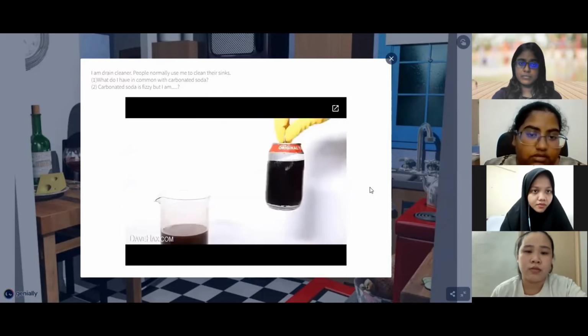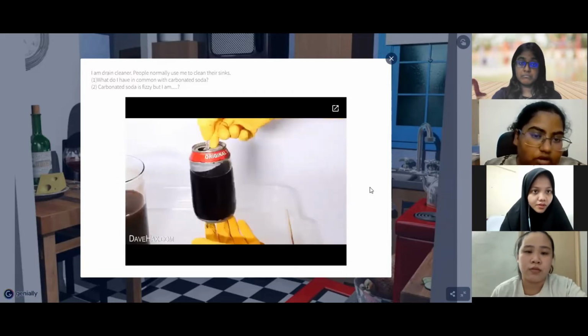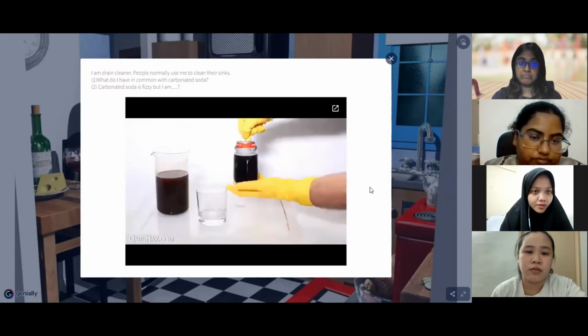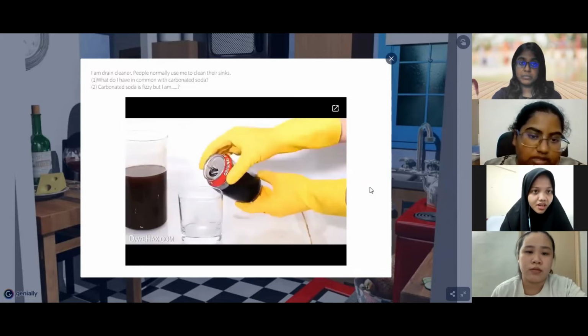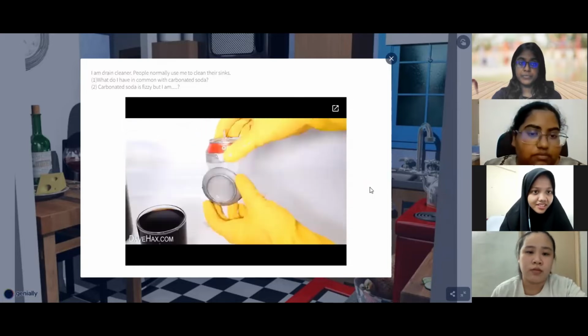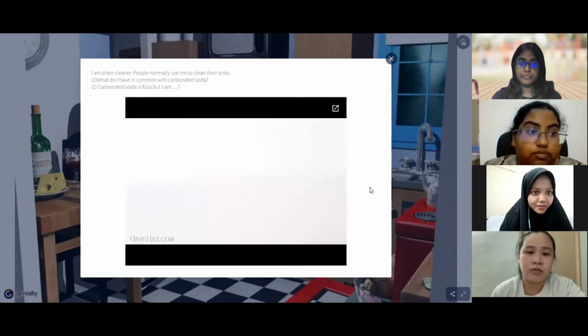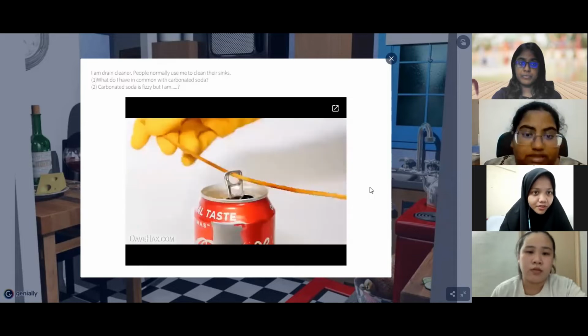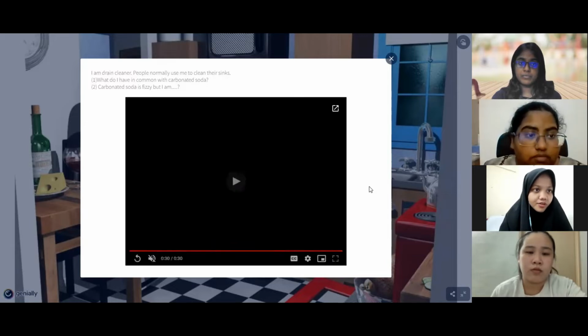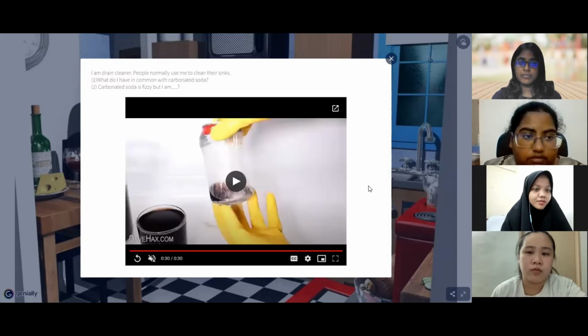The metal has come off. Now he's taken another can and he's doing the same thing, but he's putting it in the Coca-Cola. And you can see it had the same effect. So can anybody guess what is the characteristic?